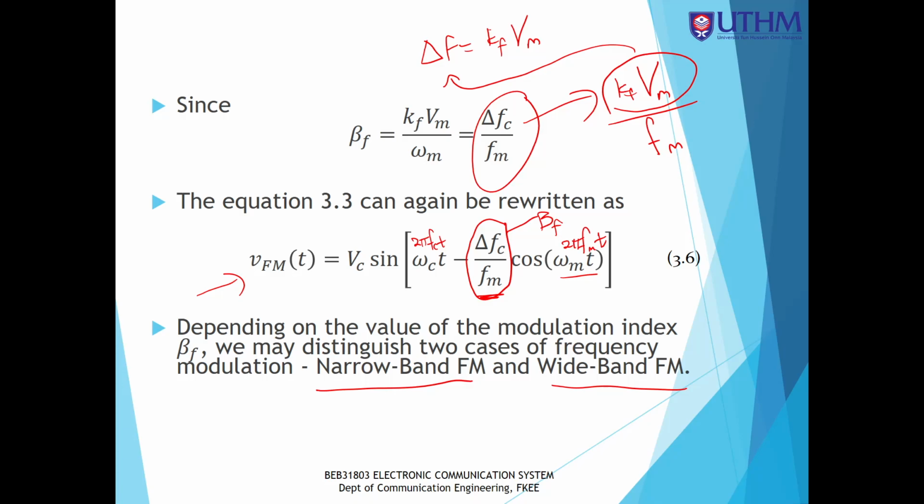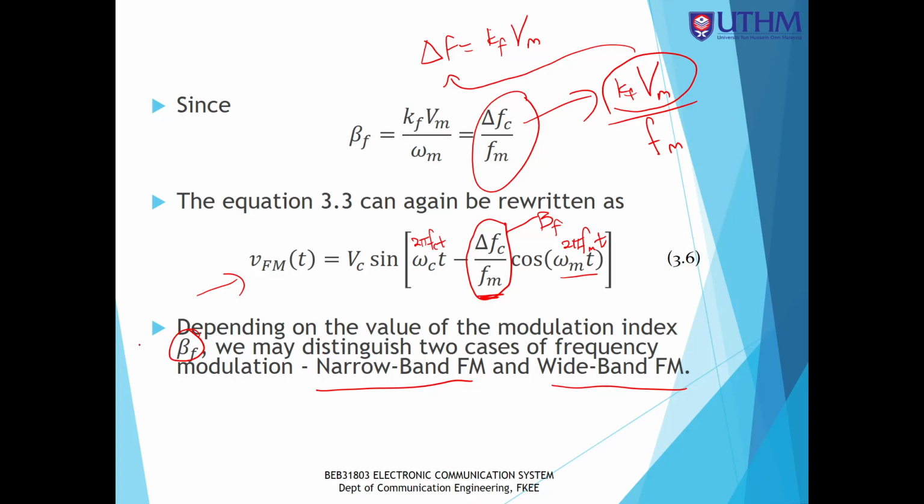We classify narrowband and wideband FM based on the value of beta F. Beta F determines the bandwidth requirement.